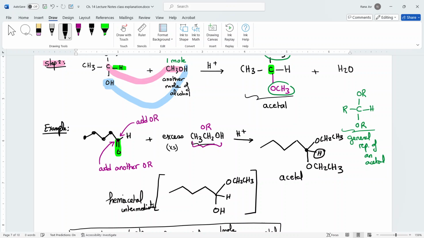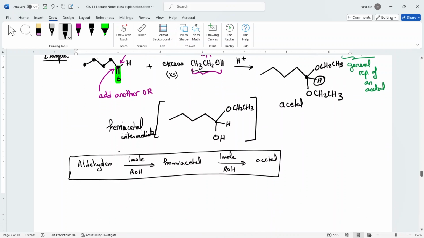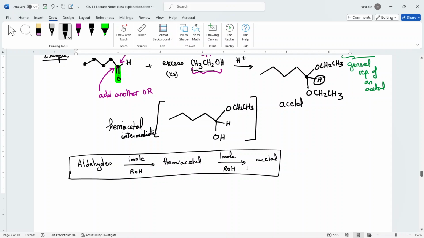Okay, please get used to drawing your acetals and your hemiacetals in there. So this is the general reaction. Aldehydes with 1 mole, you're going to create your hemiacetal. So let's start. If you have an aldehyde in there with a hydrogen, you're going to create your hemiacetal, and the hemiacetal is simply an OR that is added to the carbon of the carbonyl, and the carbon of the carbonyl turns into an OH.